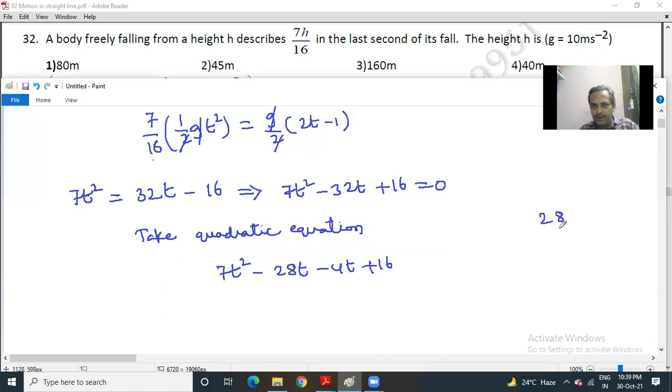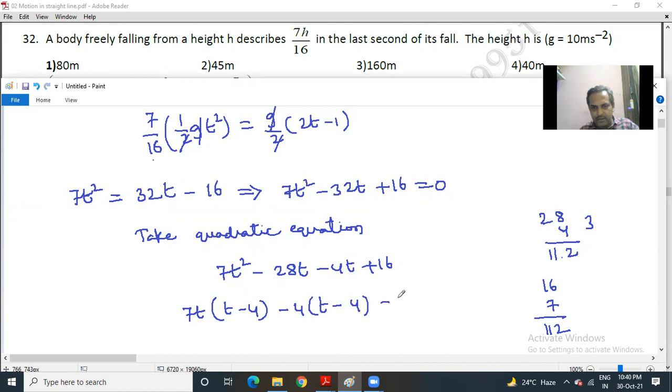If you multiply 28 with 4, it is 112, and 16 sevens are also 112. So therefore you take out common 7t: (t minus 4). Then here you take out common minus 4: you will get (t minus 4). This is all equal to 0.